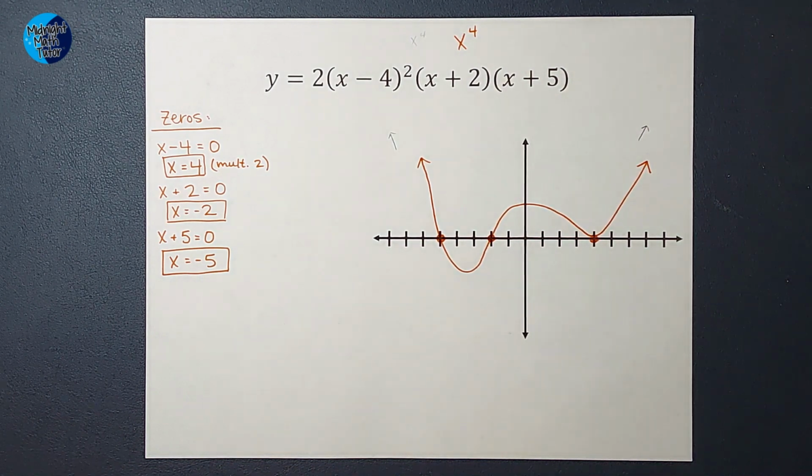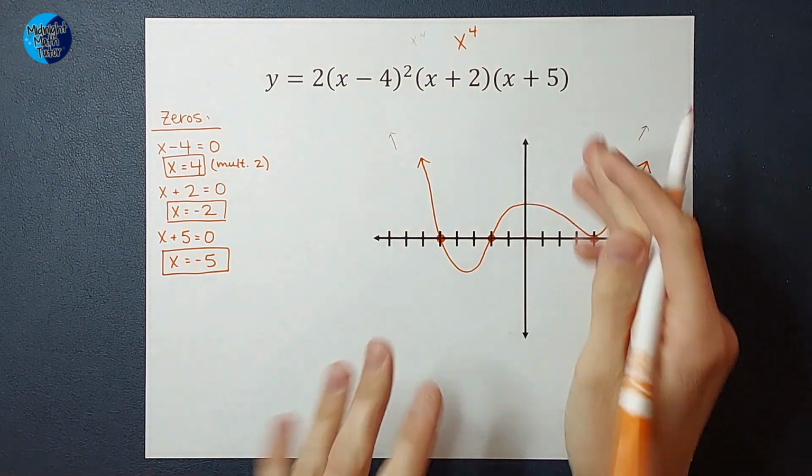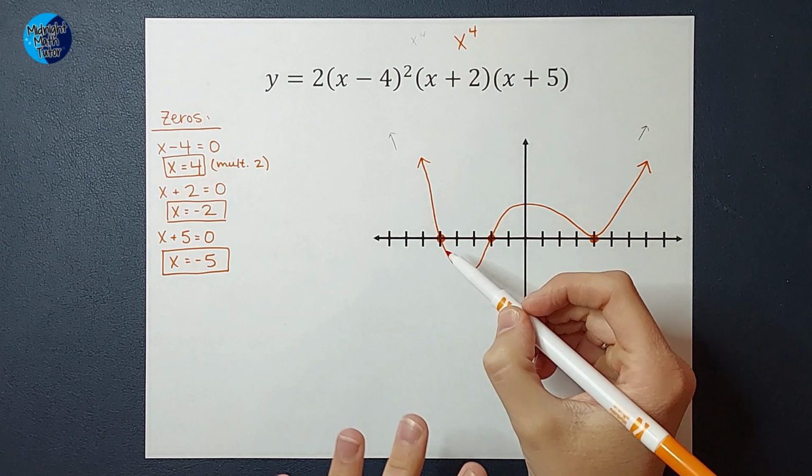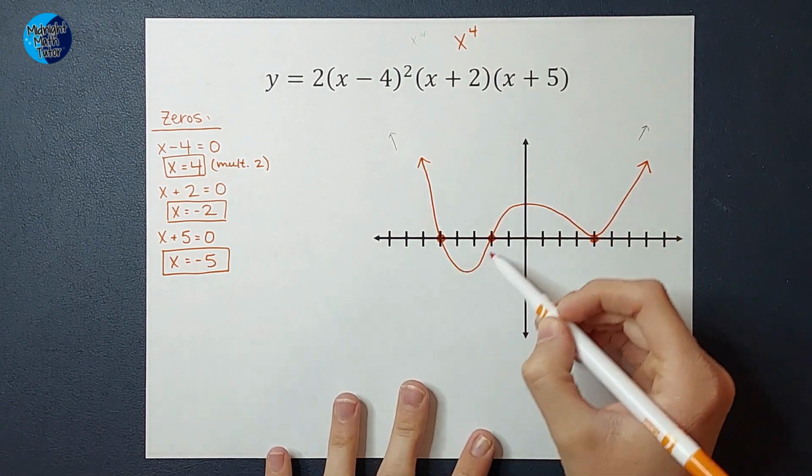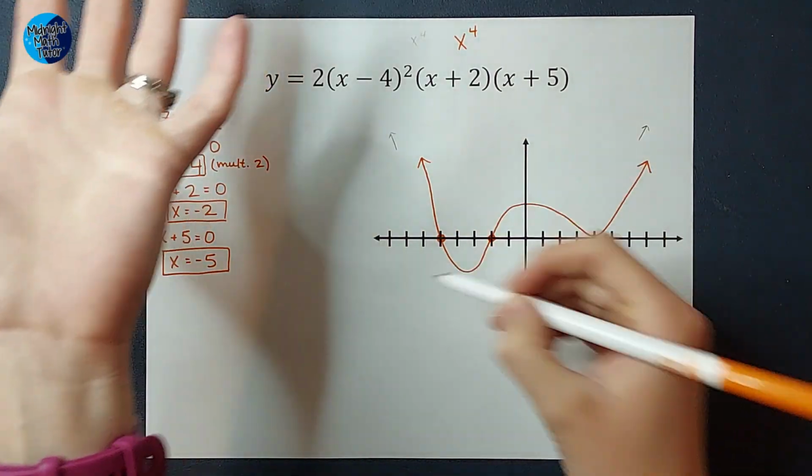All right, my optional 4th step would be to plug in some more points. You would want to do this before you drew the graph, actually. But basically, the reason I didn't put tick marks on my y-axis was because I don't know exactly how far down and up these curves go.